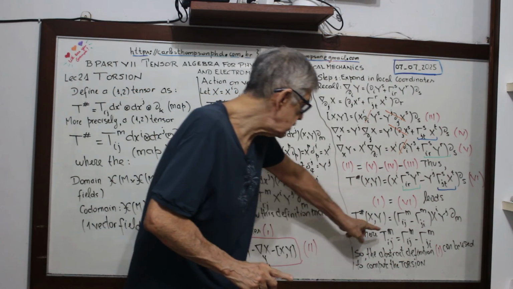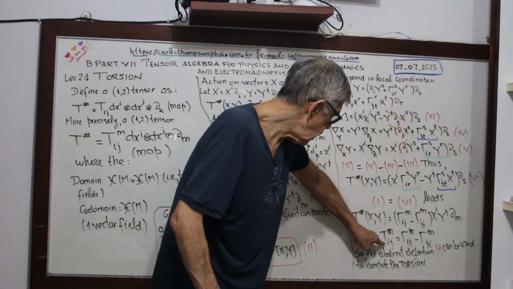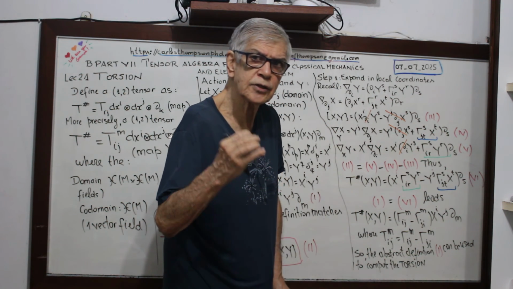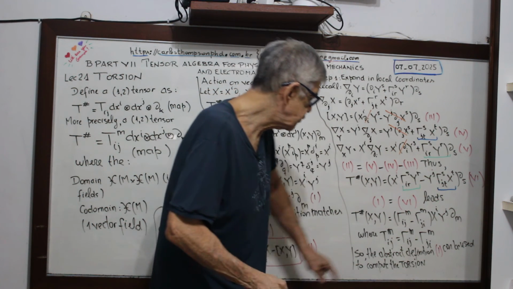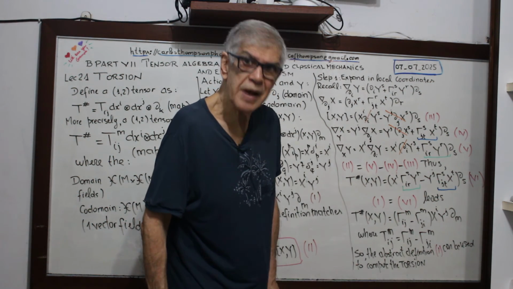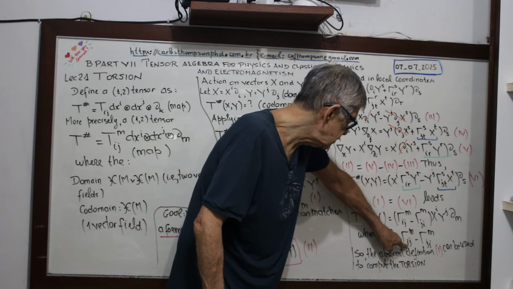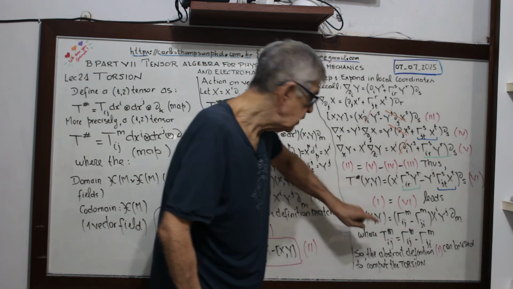One important relation here: for torsion-free, T^m_{ij} is set to be 0. So the Christoffel symbols are symmetric under the two indices ij and ji.